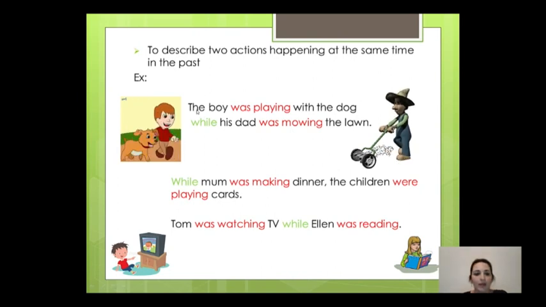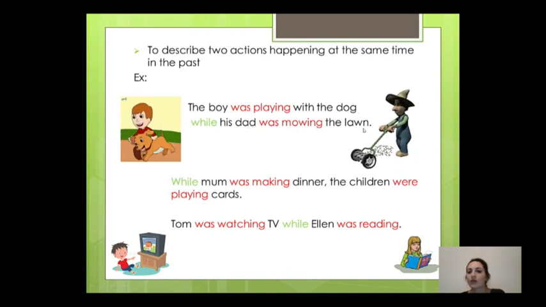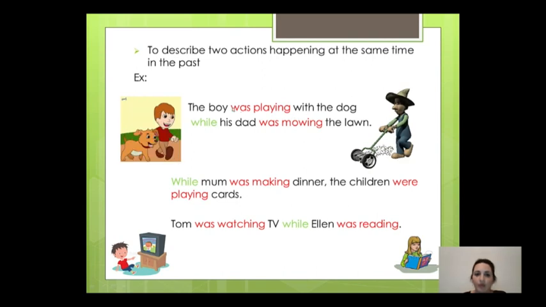Pogledajte. The boy was playing with the dog while his dad was mowing the lawn. Dakle, dečak se igrao sa psom dok je njegov tata kosio travnjak. Two actions happening at the same time, individual from each other, not intervened, and both used in past continuous tense.